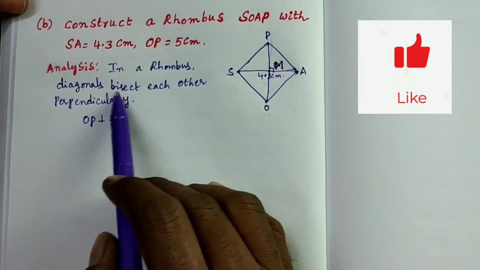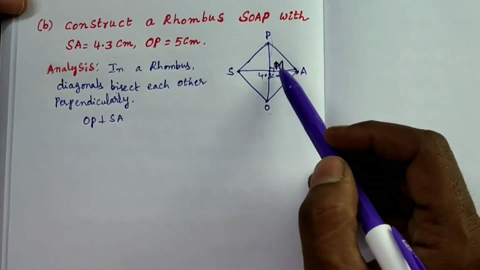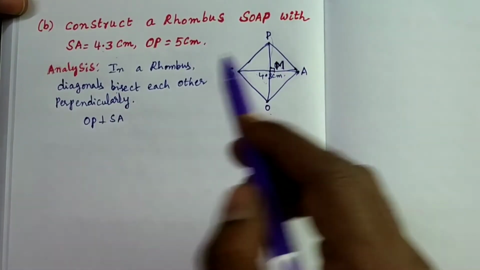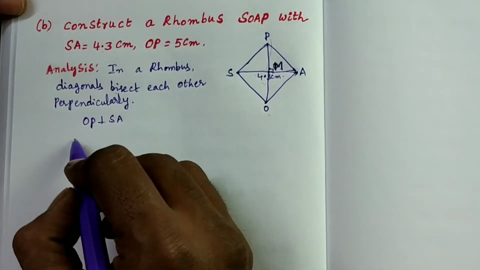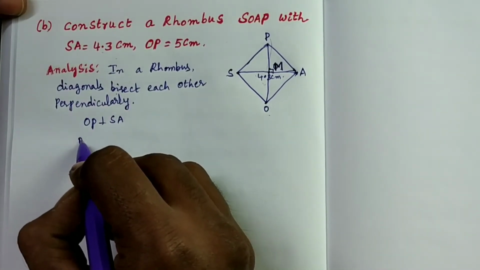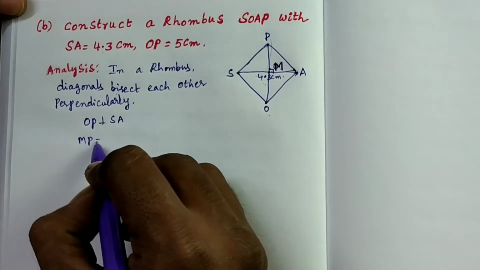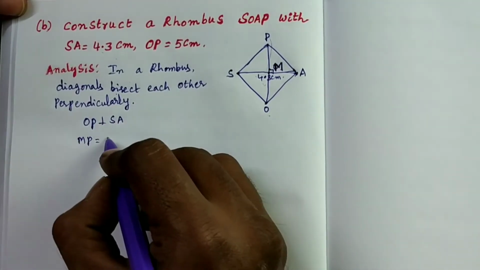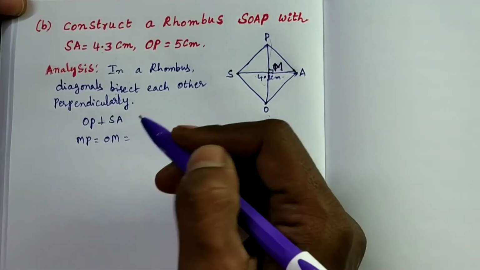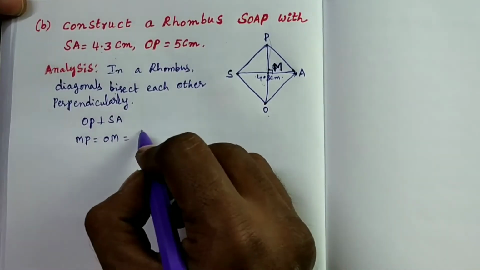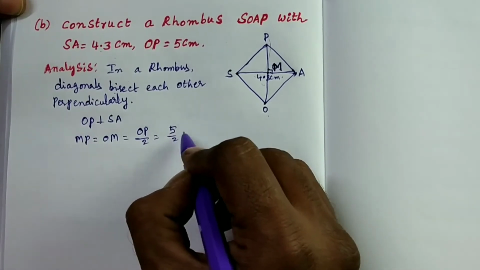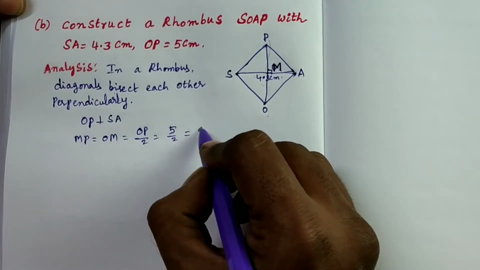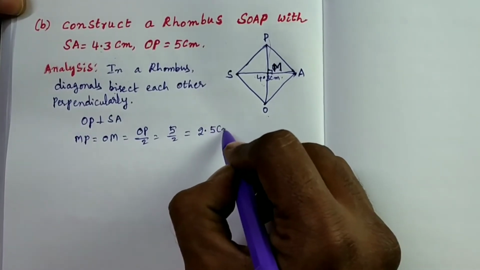diagonals bisect each other. Bisect each other means it will be divided into 2 equal parts. So OP is equal to 5 centimeters. Then MP or OM is equal to OP by 2, that is 5 by 2, that means 2.5 centimeters.